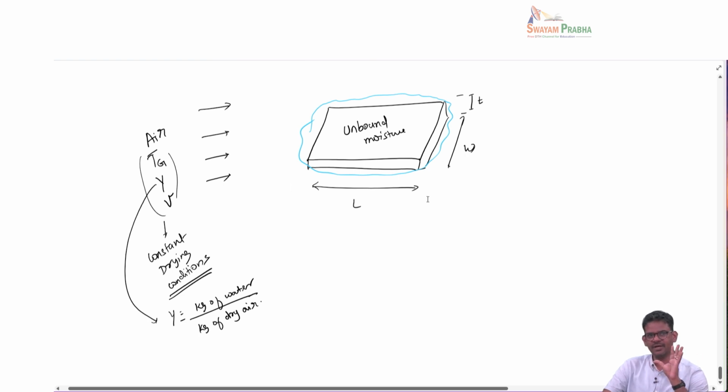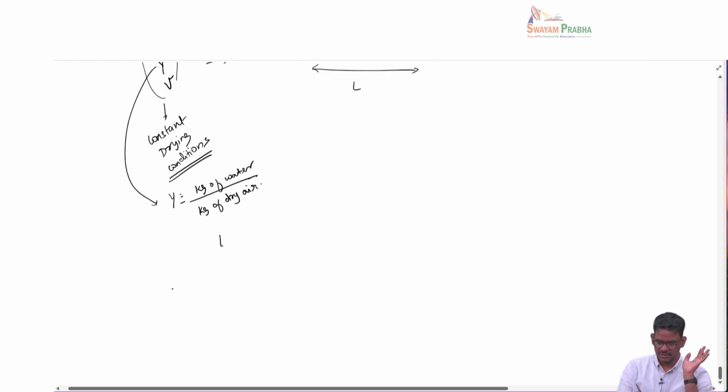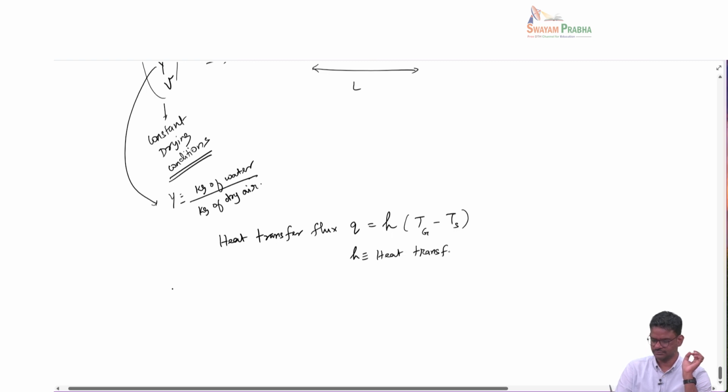So now I can find out what is the flux of heat transferred to the solid object. Heat transfer flux is h times Tg minus Ts. So h here is the heat transfer coefficient. Actually, this is the gas phase heat transfer coefficient.